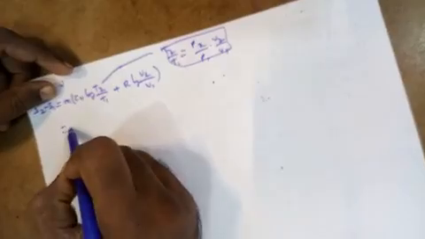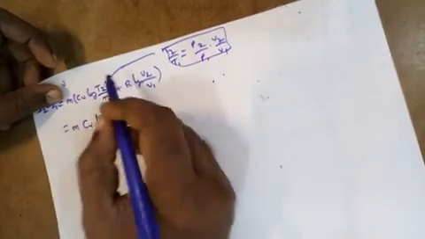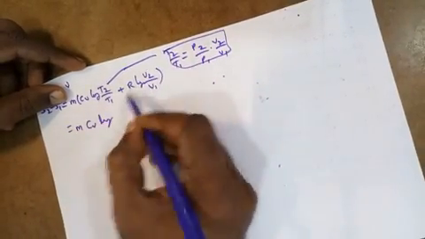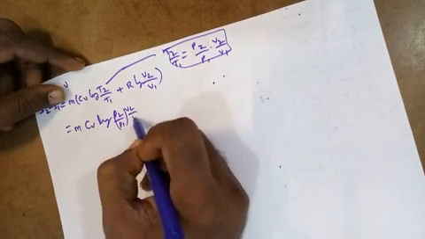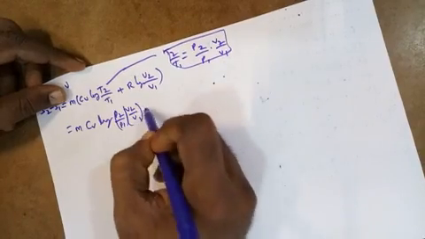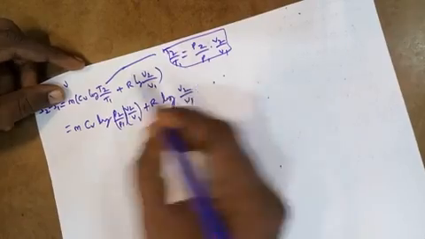You can modify this as m Cv log, replacing T2 by T1 with P2 by P1 times V2 by V1, plus R log V2 by V1.